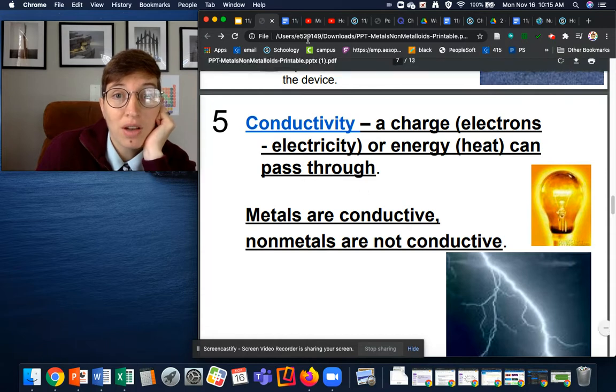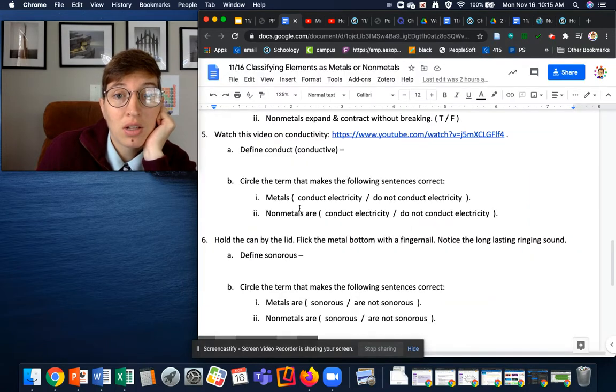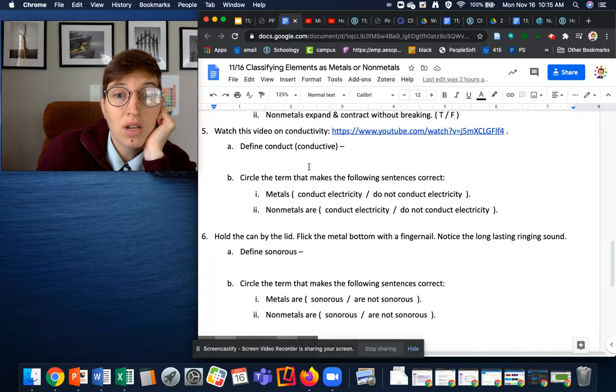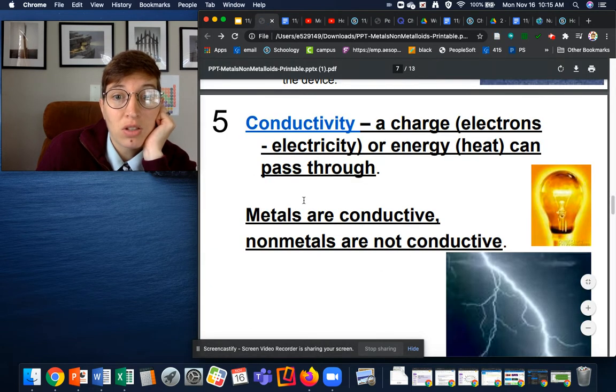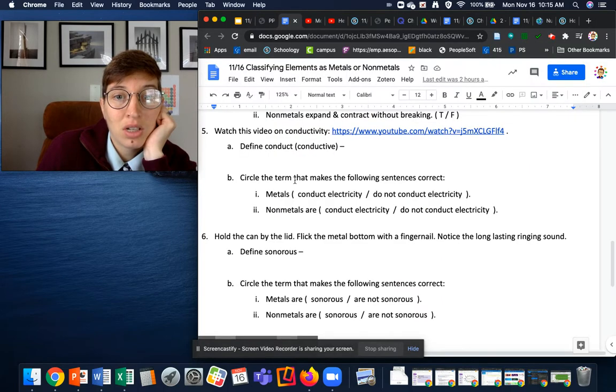You should have this definition in 5A. Then we have some answers for B. Metals are conductive. Non-metals are not conductive. So metals conduct electricity. Non-metals do not conduct electricity. Oops, there's an error, that R shouldn't be there.